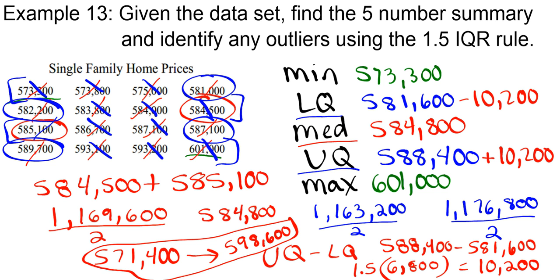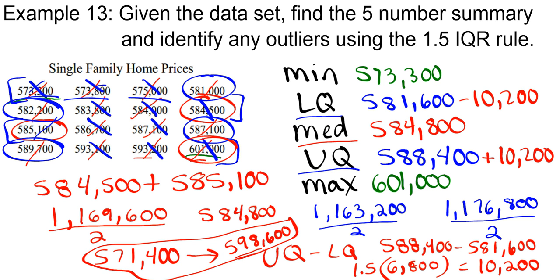So now let's compare that to our minimum and our maximum. Well, my minimum is 571,400. So both of my minimum values, they all kind of work out. So that's not where I'm going to find an outlier. Now I'm going to check the upper end. Well, I have 598. Here I have 601. So that's an outlier.